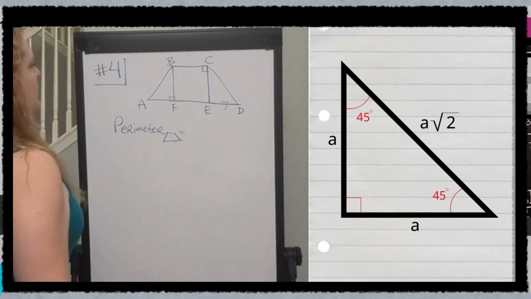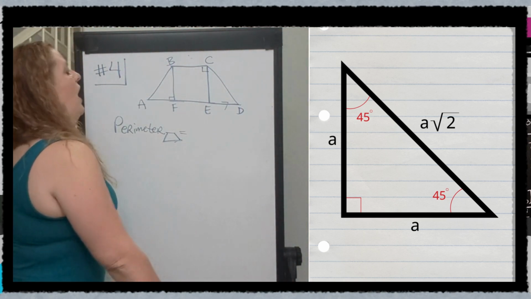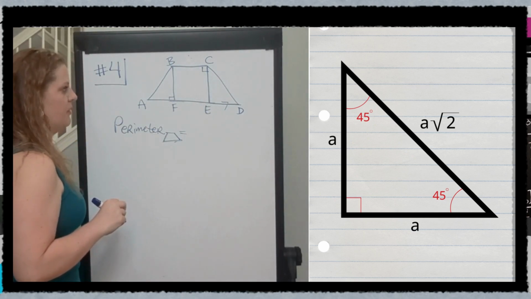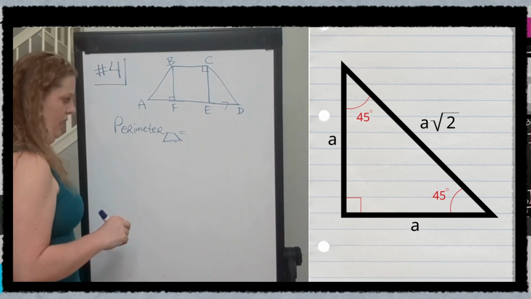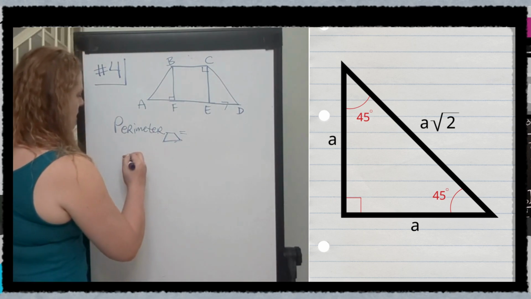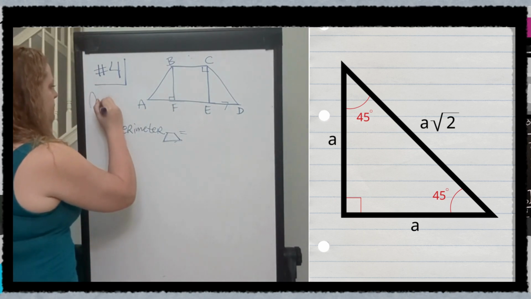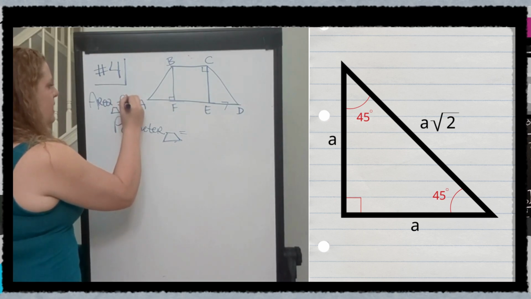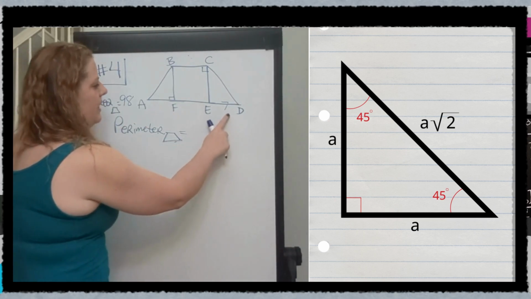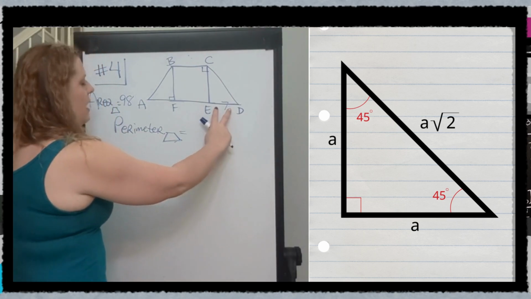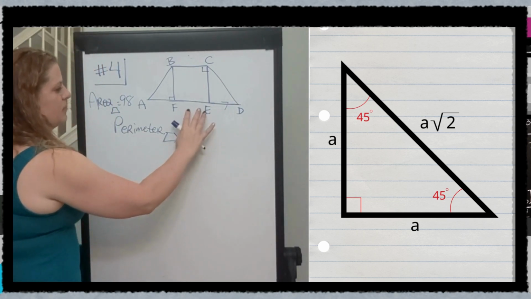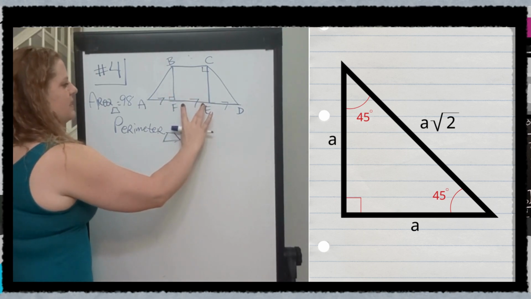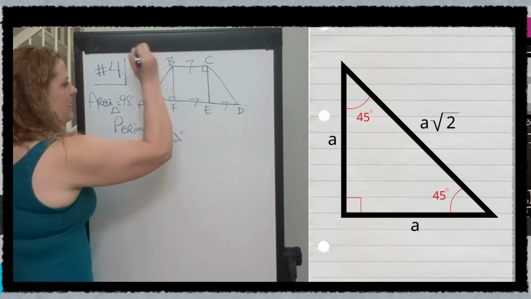Number 4, I hope you watched the hint on this one. We have a trapezoid ABCD, and they told us the area is 98, and they tell us that ED is 7, and that ED is congruent or equal to FE and AF, which means these are 7, which means by extension, that's 7.